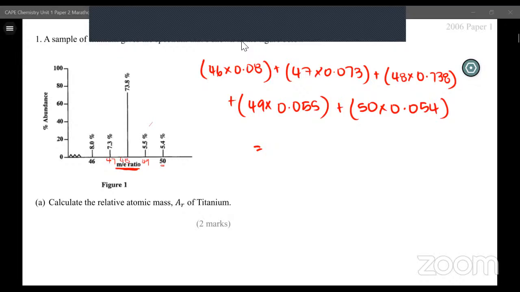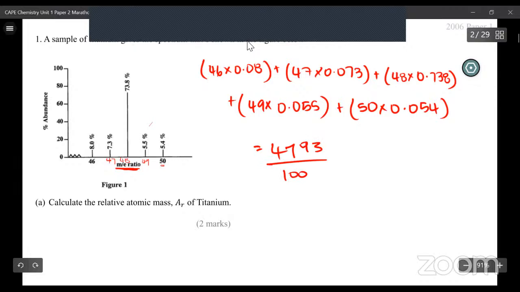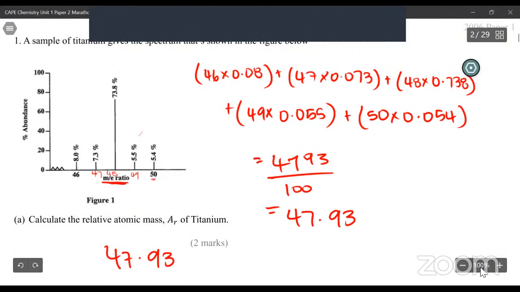The raw data you get from your calculator is 4793 over 100, which in decimal is 47.93. So that would be the relative atomic mass of titanium, 47.93. You should be okay for that.